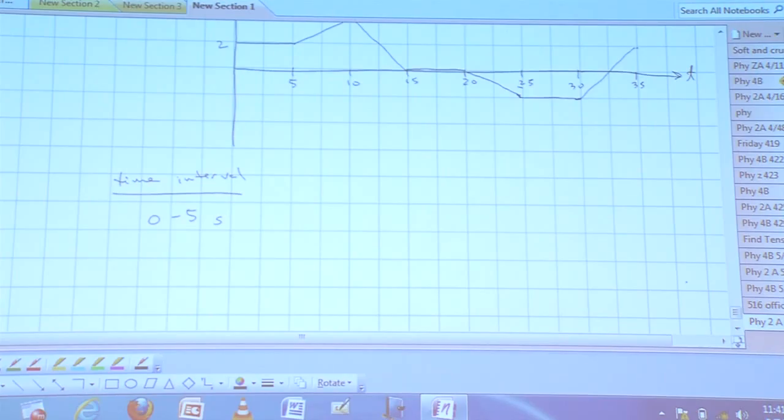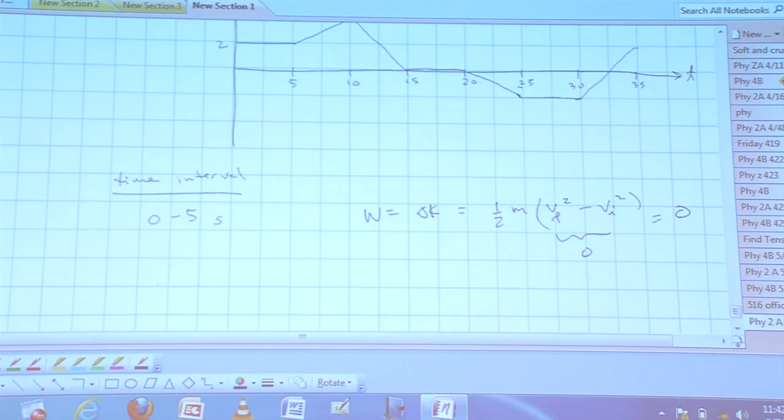0, right? Because the velocity doesn't change. Work equals change in kinetic energy. So the work done has to be 0. Okay, we good? First time interval, we've got it.